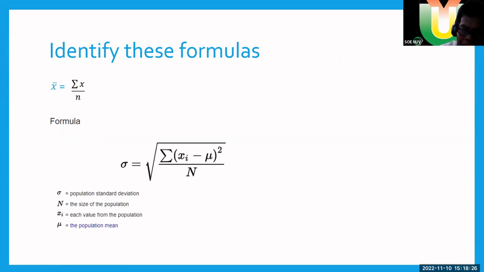Now, how do we combine these symbols to create some formulas, that is, statistical formulas? Okay, look at the first one. The first one is the formula for finding what?